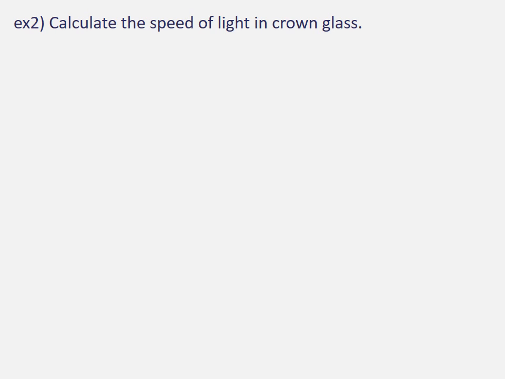Example 2, calculate the speed of light in crown glass. I'm looking for the speed of light in a material, so I'm looking for V. So the first thing I'll do is start my variable list, and I'm going to put V is equal to unknown. I'm told it's crown glass, so I'm going to reference the table on my pink sheet and get the N value for crown glass.